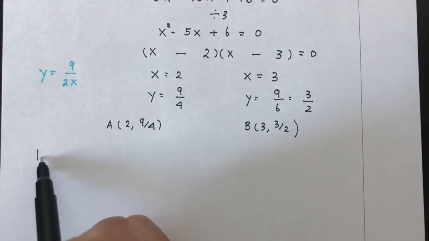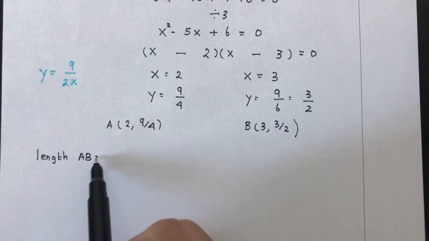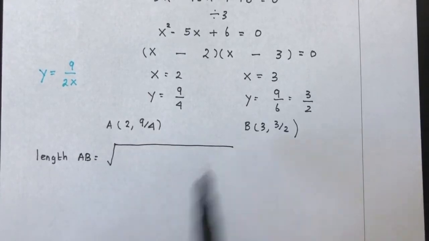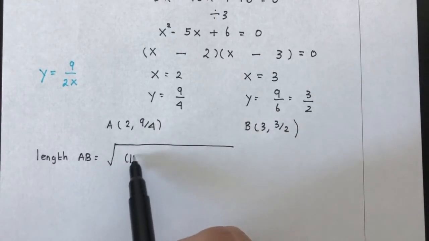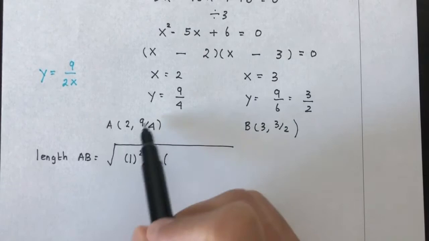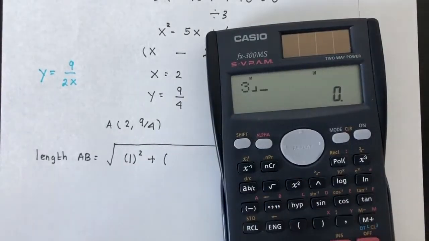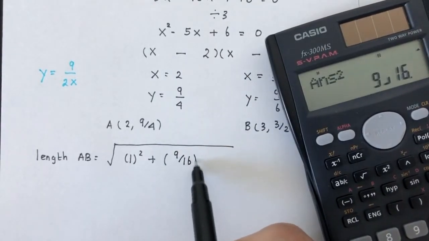So length of AB, we can find this by using the formula, which is square root of (x2 minus x1) squared plus (y2 minus y1) squared. So 3 over 2 minus 9 over 4 squared, that will be 9 over 16.